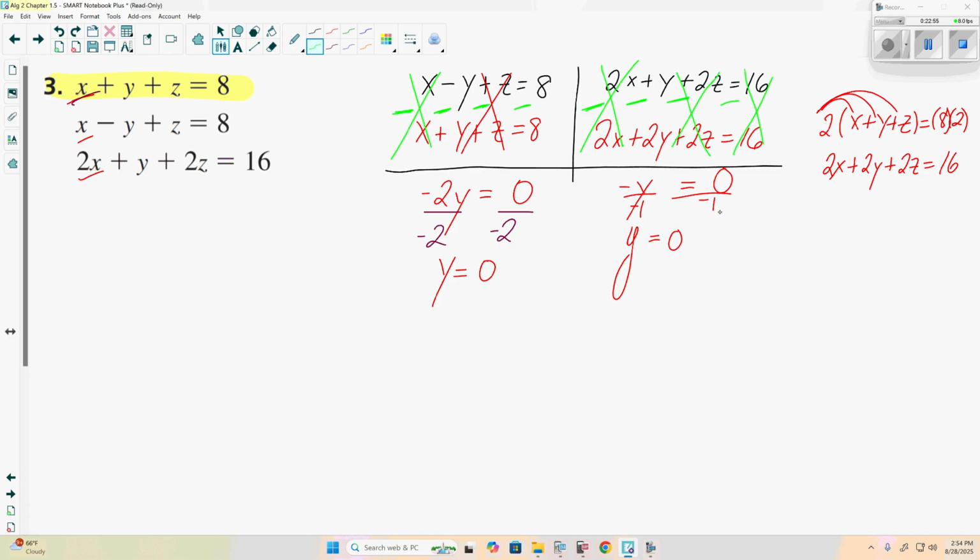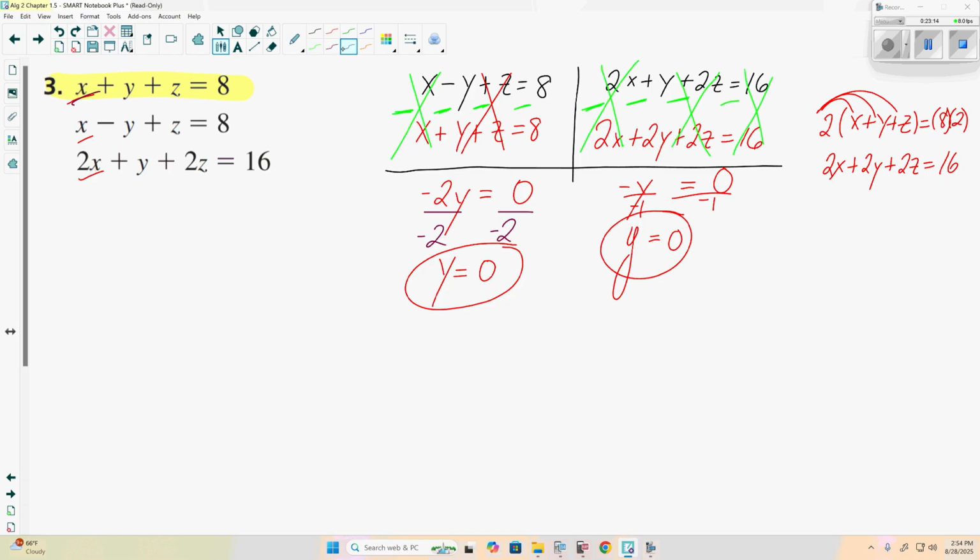We can divide both sides by negative 1, telling us y is 0. So both equations verify that y is indeed 0. That's kind of odd, isn't it?